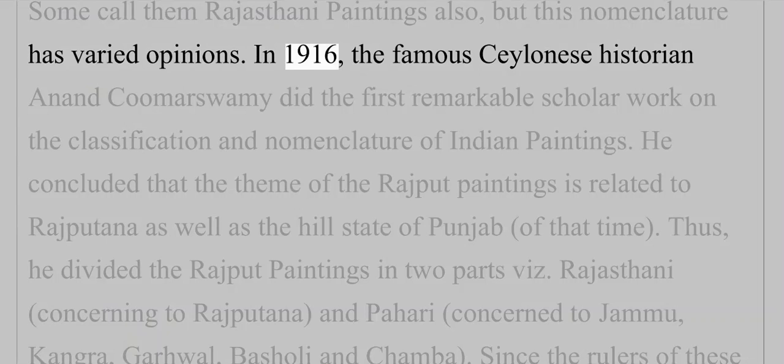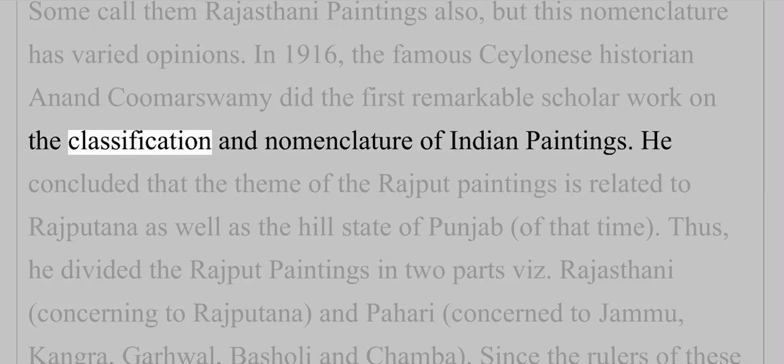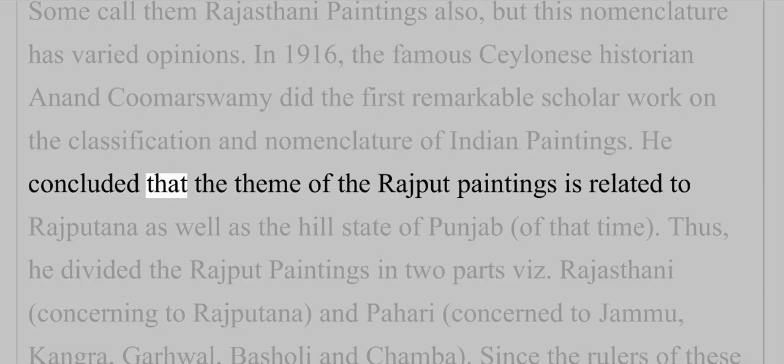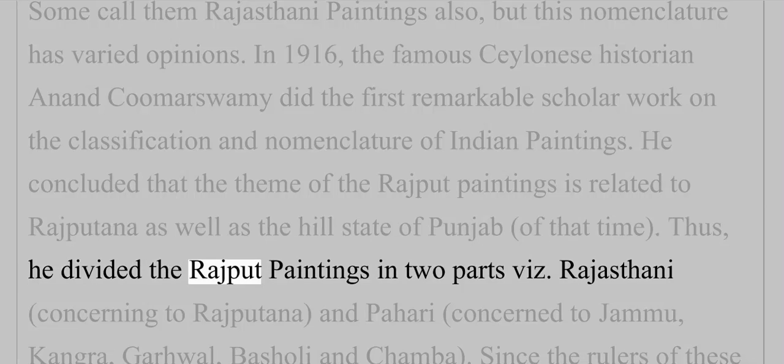In 1916, the famous Ceylonese historian Ananda Coomaraswamy did the first remarkable scholarly work on the classification and nomenclature of Indian paintings. He concluded that the theme of the Rajput paintings is related to Rajputana as well as the hill states of Punjab of that time. Thus, he divided the Rajput paintings into two parts, viz.